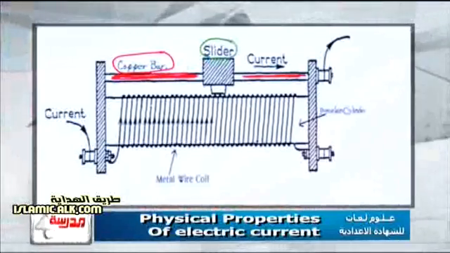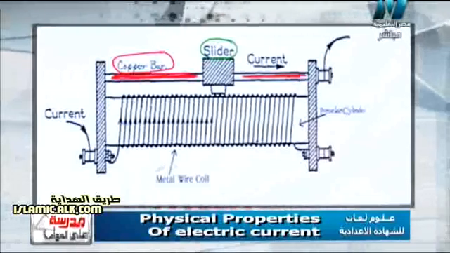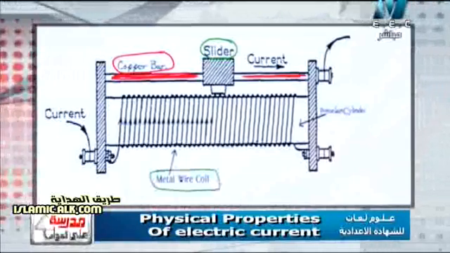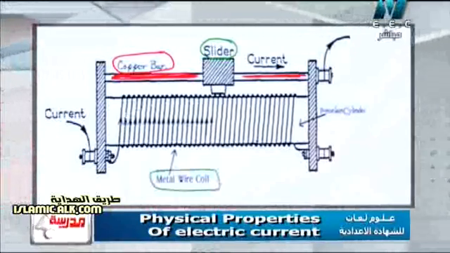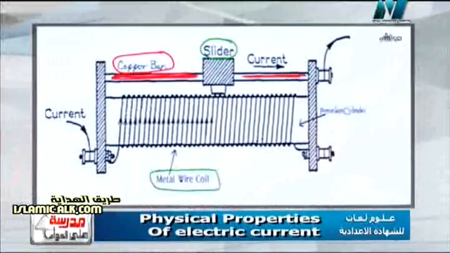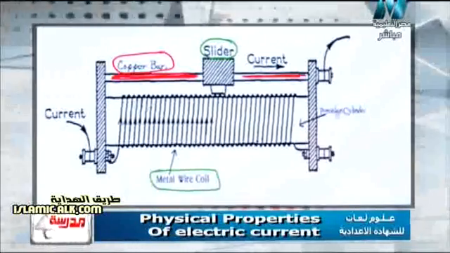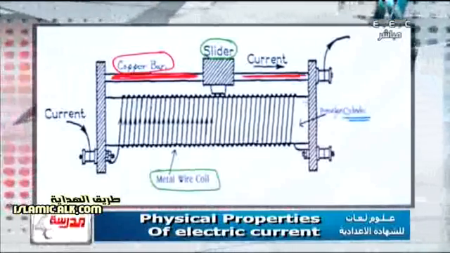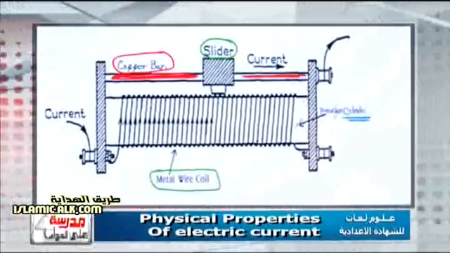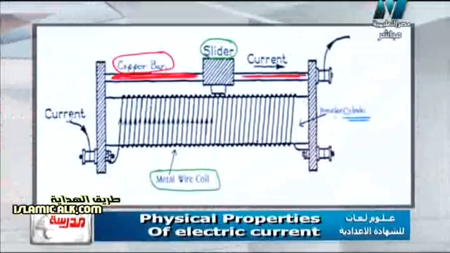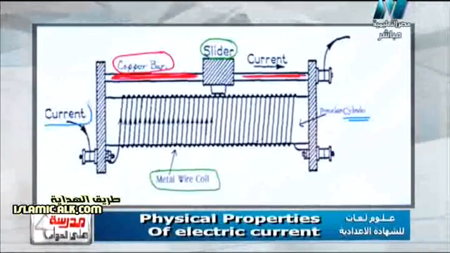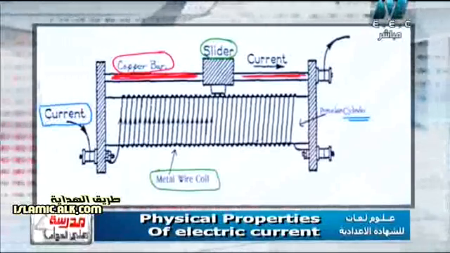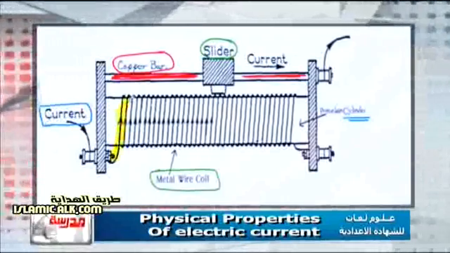I move it. Here we have a metal wire coil. This metal wire coil rotates around the cylinder, this tube here, and we connect it with current. Current will go from this direction, enter from here and then move in this metallic wire.